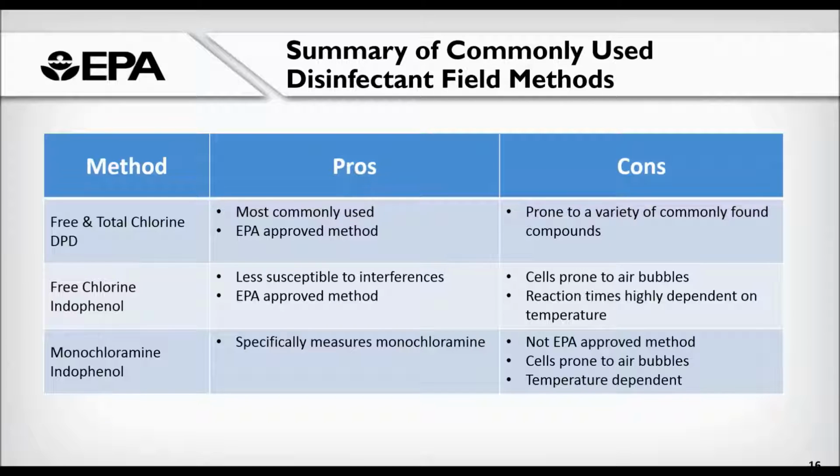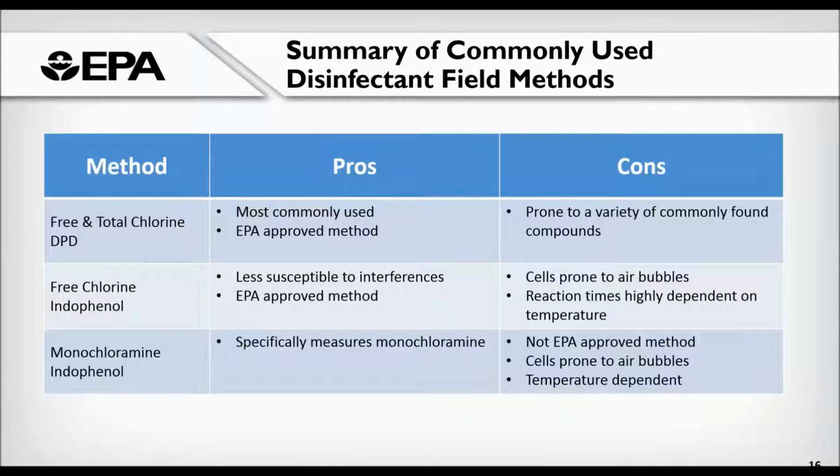So here's a table to summarize some of the advantages and disadvantages of each of the methods. The free and total chlorine DPD methods are probably the most commonly used. They're both EPA approved. However, they are subject to several interferences with various compounds. The free chlorine endophenol method is less susceptible to interferences.